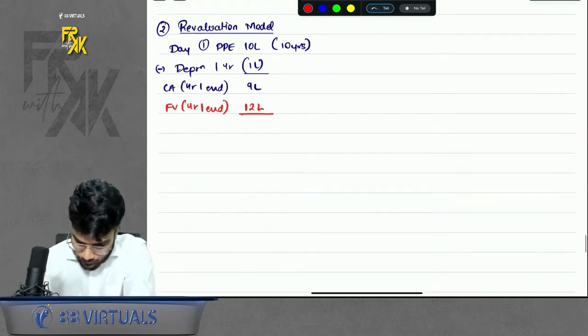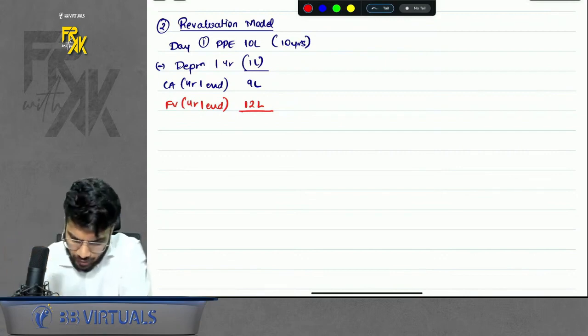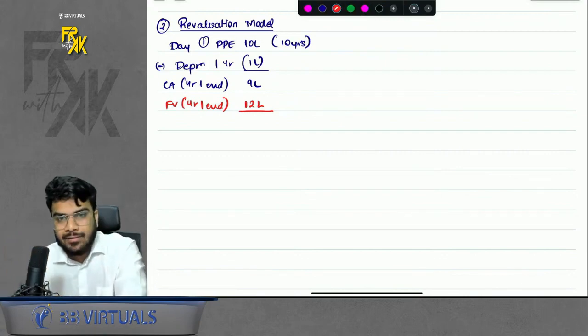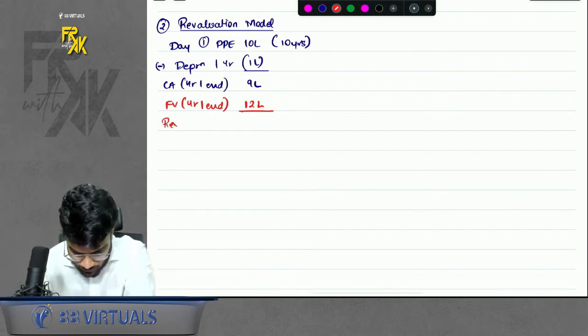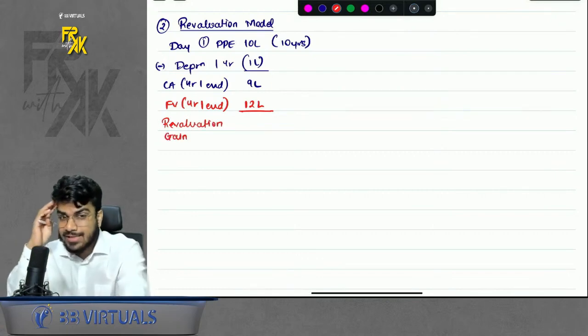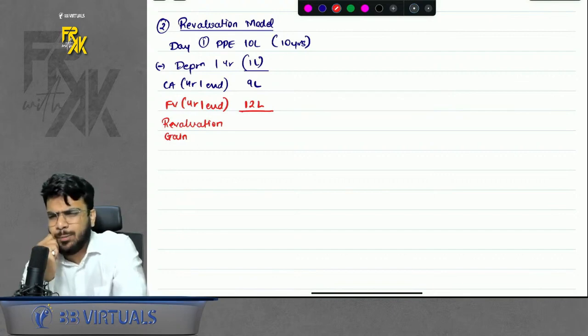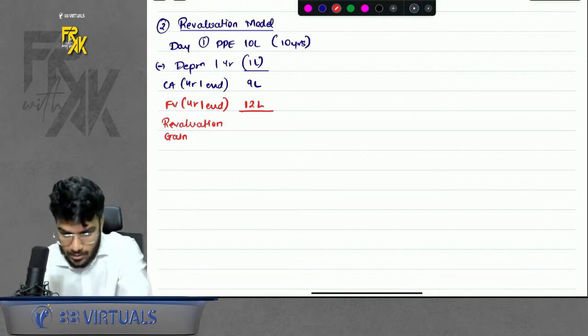So what will be the amount of revaluation gain? There will be a gain, because from 9 it is going up to 12. Fair value has increased. And yesterday we studied that such a gain will be transferred to PNL or OCI? OCI, correct answer.